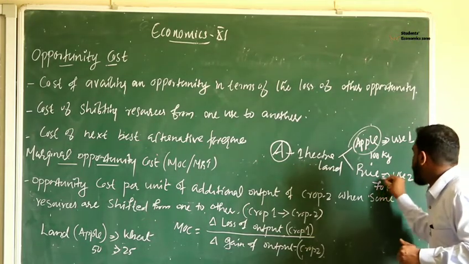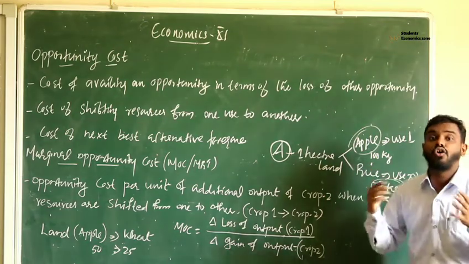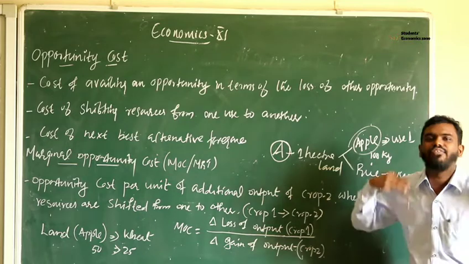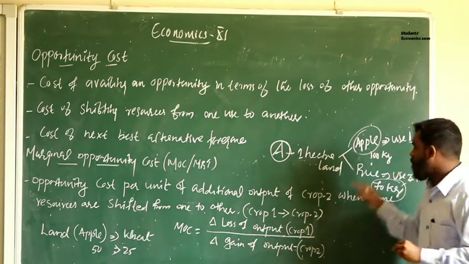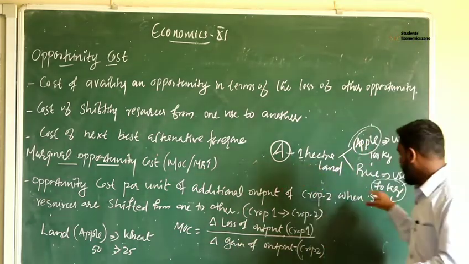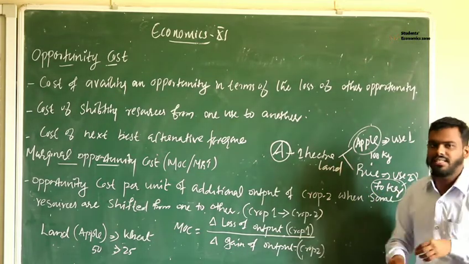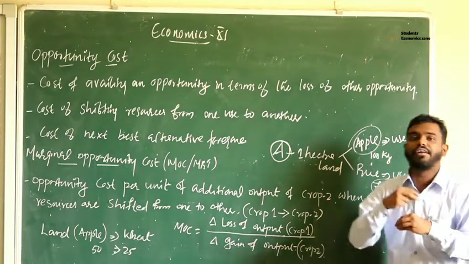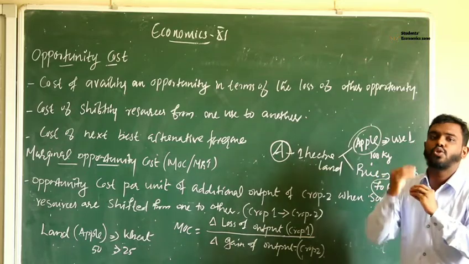So this 70 kilogram of rice is the opportunity cost of 100 kilogram of apple. The sacrificing level shows our opportunity cost. At the same time, if we produce 70 kilogram of rice, the opportunity cost of this rice is 100 kilogram of apple.